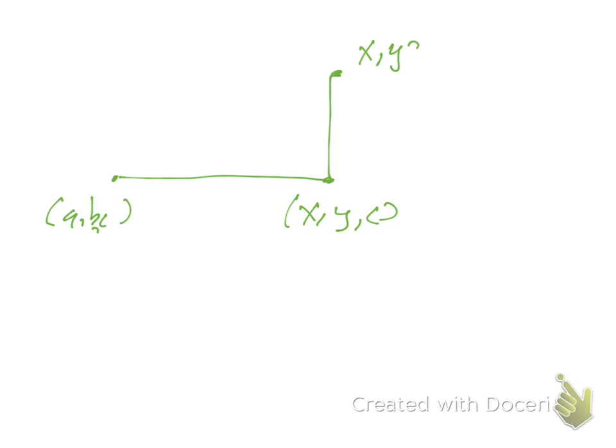So what I've got is I have the point, this is a, b, c here. This is x, y, c here. This is x, y, z. And this hypotenuse is the length I'm looking for. This is Z minus C as always.